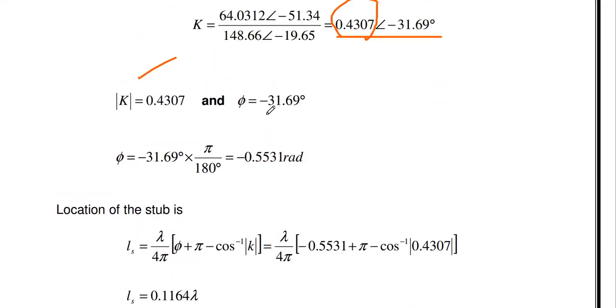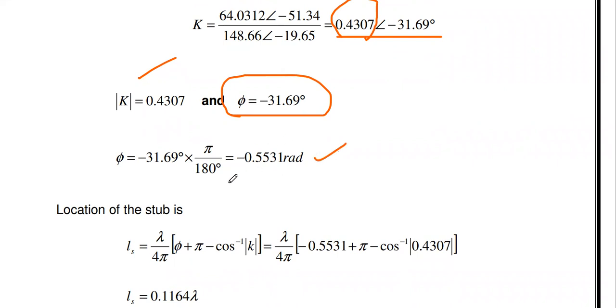That's why you convert this angle from degrees to radians. To convert degrees to radians, you multiply by pi and divide by 180. So minus 31.69 times pi divided by 180 gives minus 0.5531 radian.